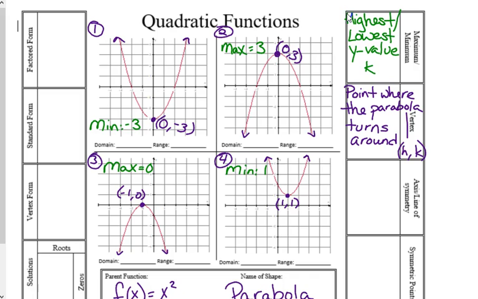So another thing that we can get directly from the vertex is our axis or line of symmetry. This is going to be our vertical line that passes through the vertex.